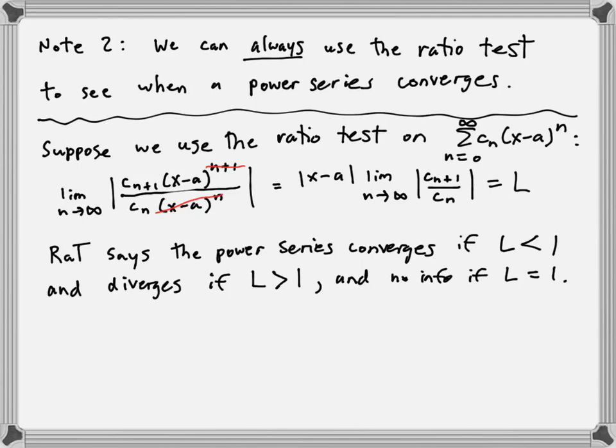I just want to throw that in there to remind you that if the limit is exactly 1, we get no info from the ratio test. It might converge or it might not.